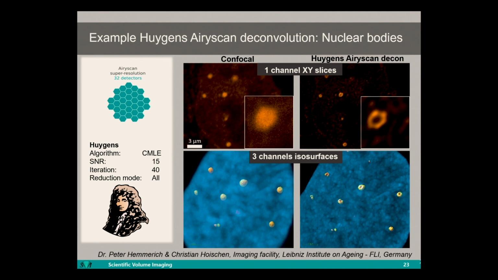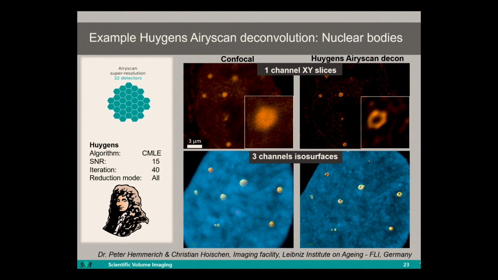We used the Huygens CMLE algorithm with an SNR of 15 setting, 40 iterations, and the reduction mode was set to all, but it was almost similar to the SuperXY mode. In the Confocal set, we cannot really distinguish a clear hole in these nuclear bodies, and we can do that after Huygens Airyscan deconvolution.